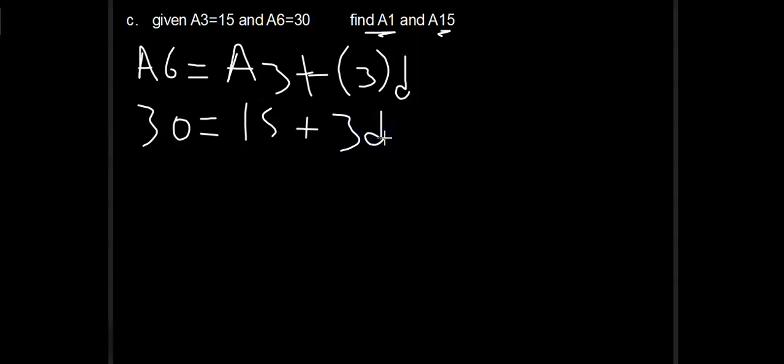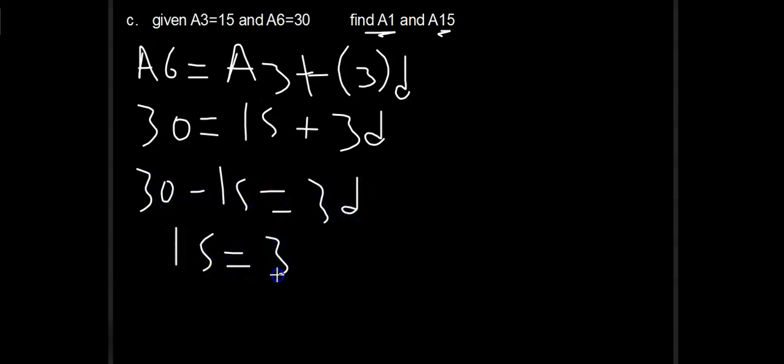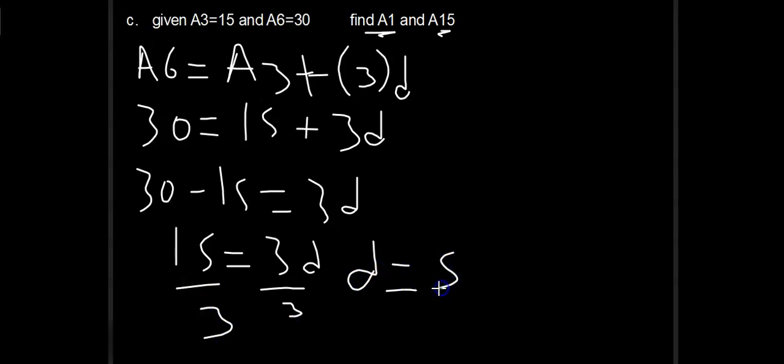Now when you subtract 15 from 30, you're going to get 15. So 15 equals 3D, and divide by 3 and by 3. And my D value will be what? It will be 5. So my D value is 5.